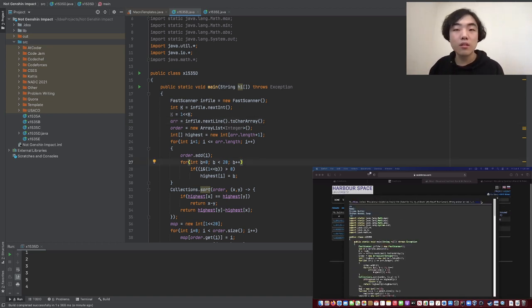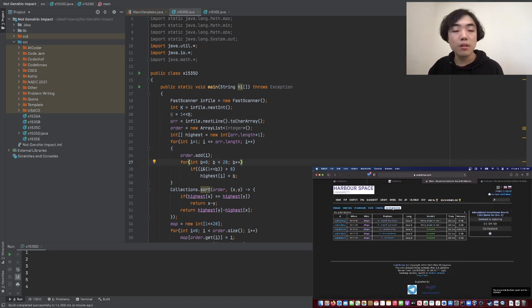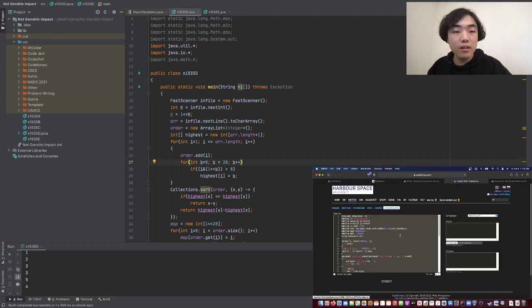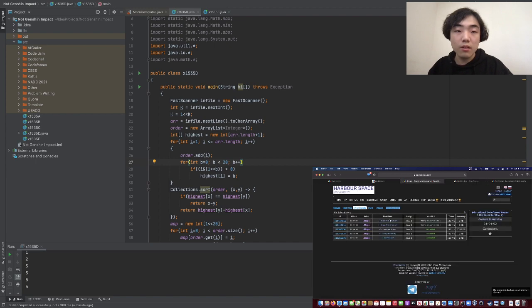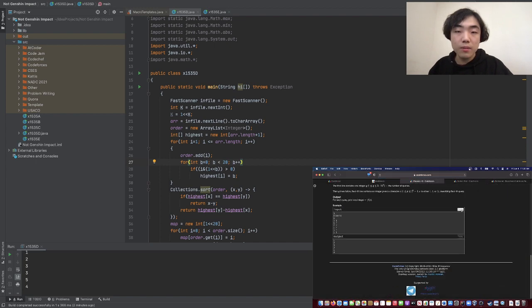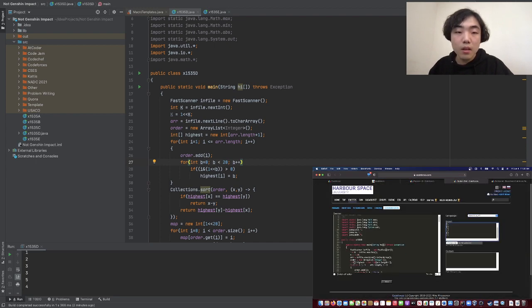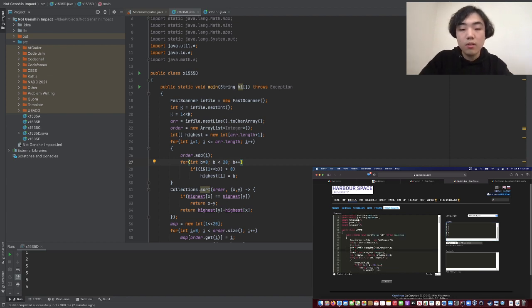Let me just use a custom invocation. This is in Java. For example, I need to print the length of this array. It should be 7. It's giving 8. Oh my god.